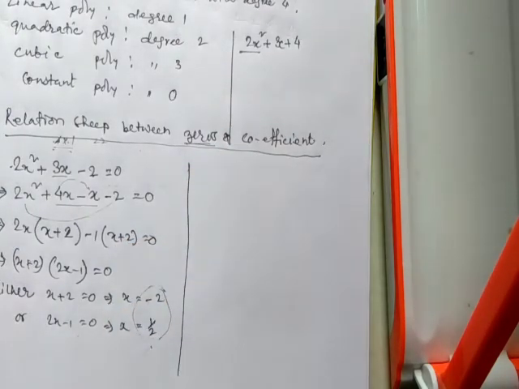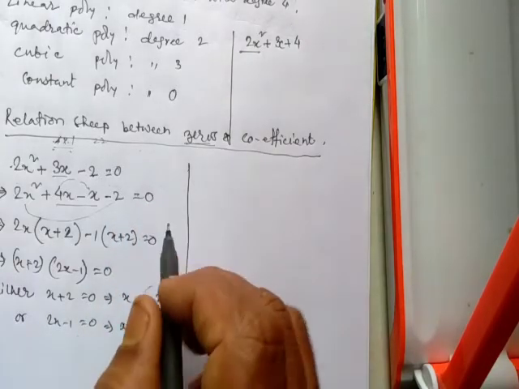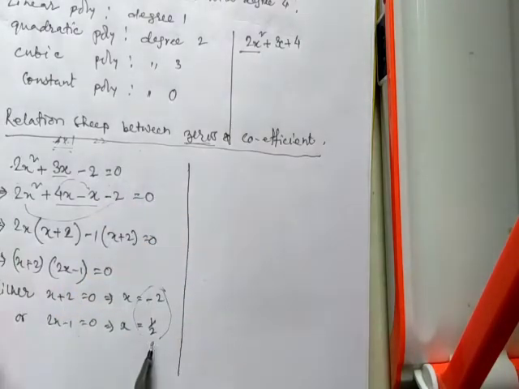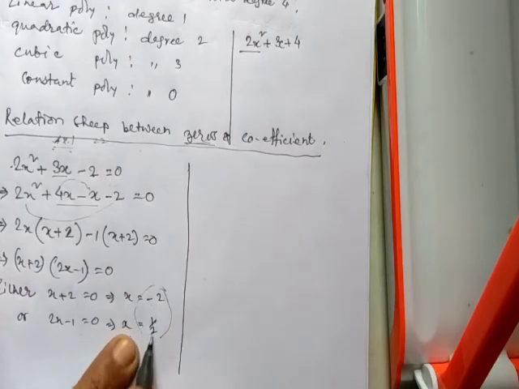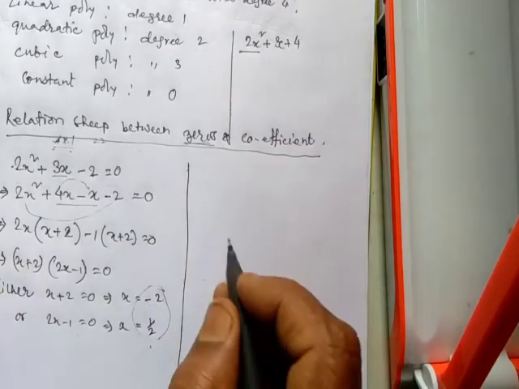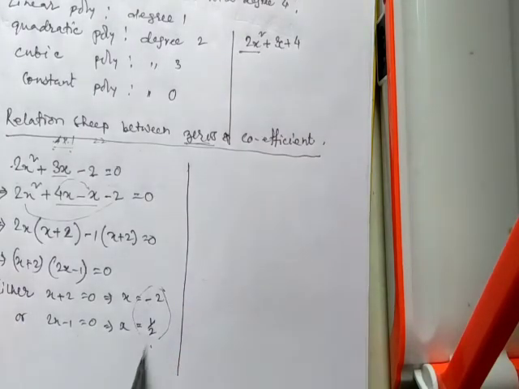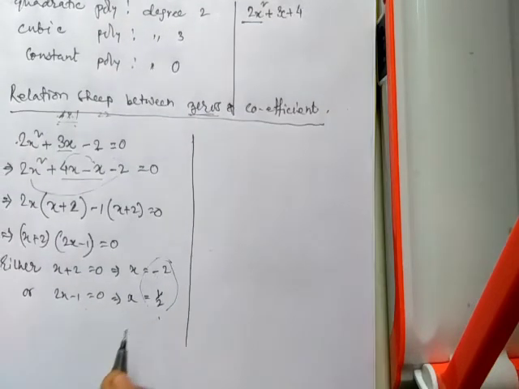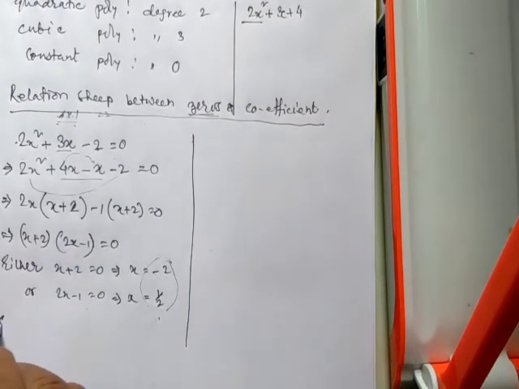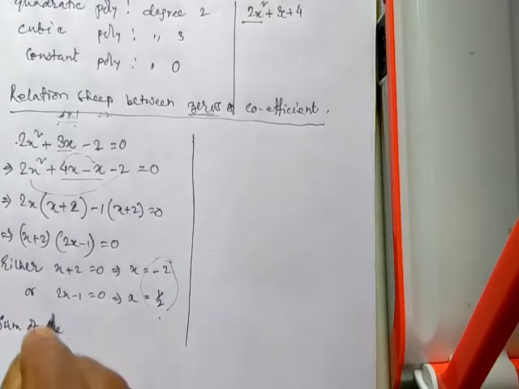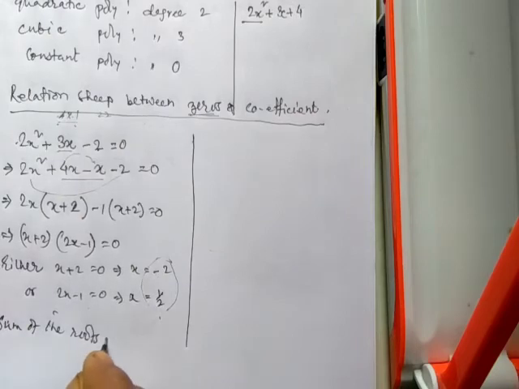Okay, now see, these two are the zeros of the polynomial. Now if I add these two, the sum of the roots, how much does it come to?